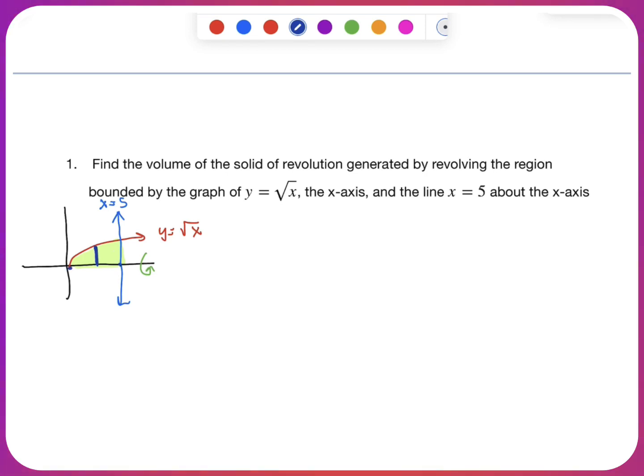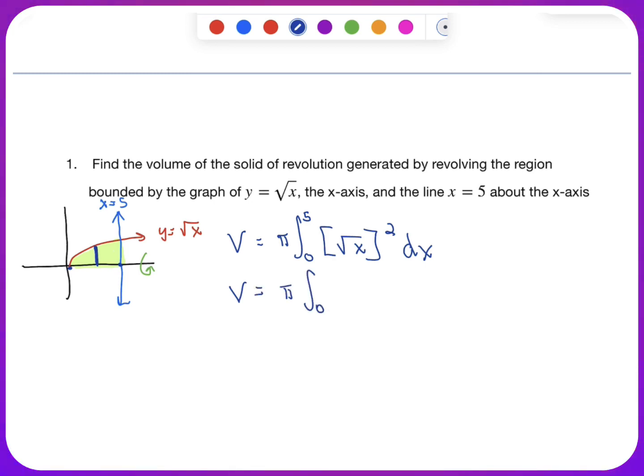We need to figure out where we start integrating and where we end. That's going to be from 0 to 5 of pi, and I'm going to bring that out. Our radius is the height of that graph, which is our function, square root of x, squared, dx, because the width of that representative rectangle is the infinitely small change in the x value.